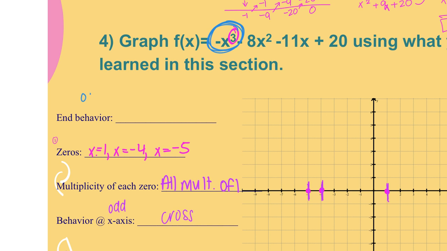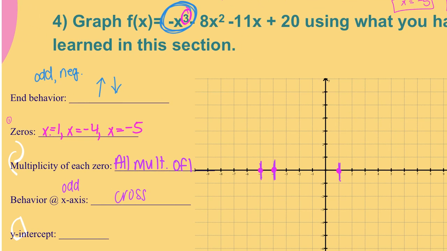It's odd, so that tells me they're opposite directions. Now, was my leading coefficient positive or negative? It's negative. I see that negative sign, so it's opposite directions and negative. Now, direction-wise, it's going to go up, down. So I'm going to go up and down.